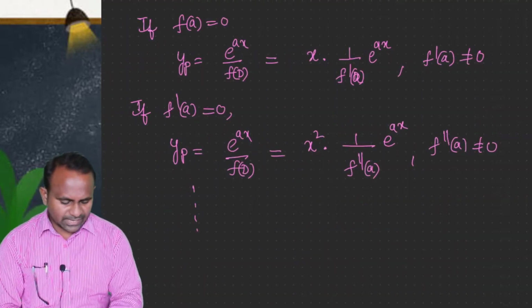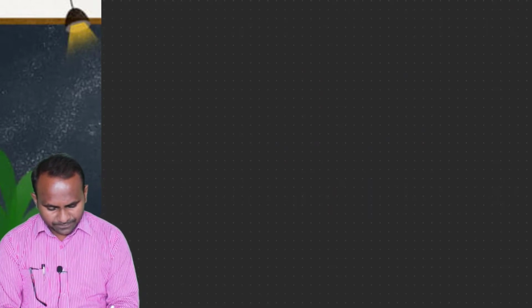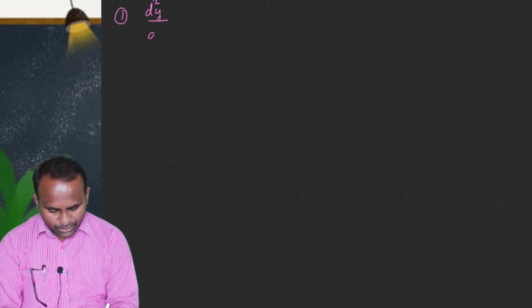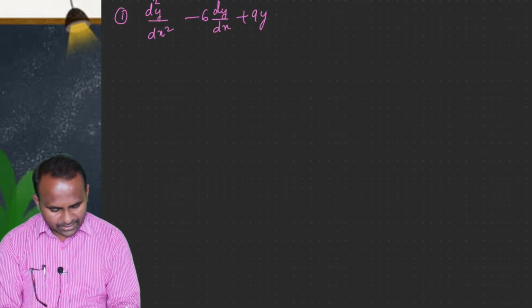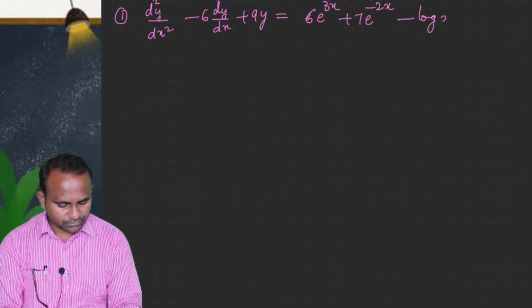So let us see a few examples so that you can get some clarification. Suppose you are given d square y by dx square minus 6 dy by dx plus 9y is equal to 6 e power 3x plus 7 e power minus 2x minus a log 2.